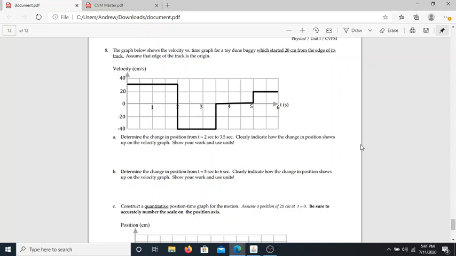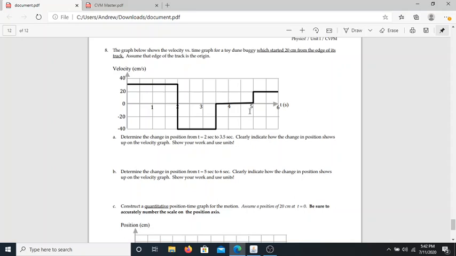Then the object turns around and moves at a constant negative velocity of negative 40 meters per second. And remember that negative sign, once again, I'll keep saying it over and over. Negative and positive in this class only mean direction. So just because this is a negative 40 meters per second, this object is actually moving faster in the second section than it was in the first section, because 40 is greater than 30.